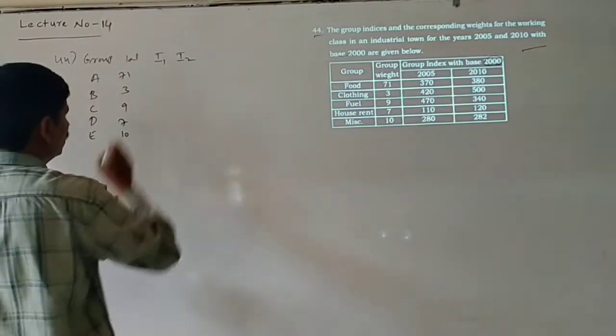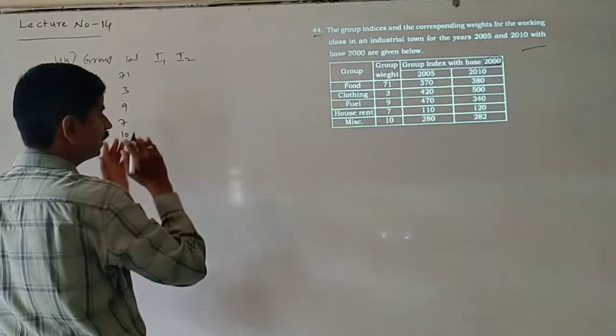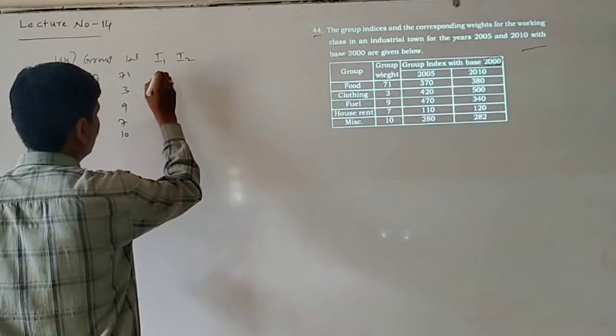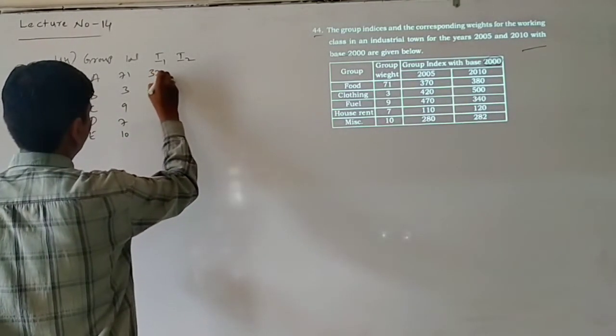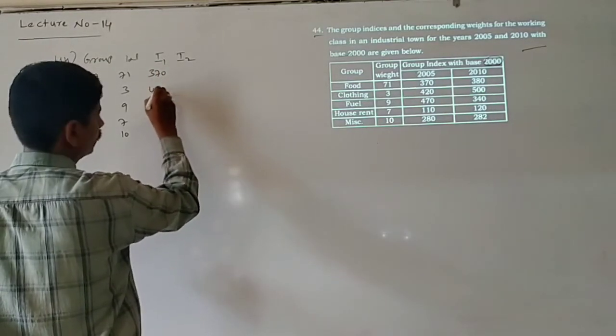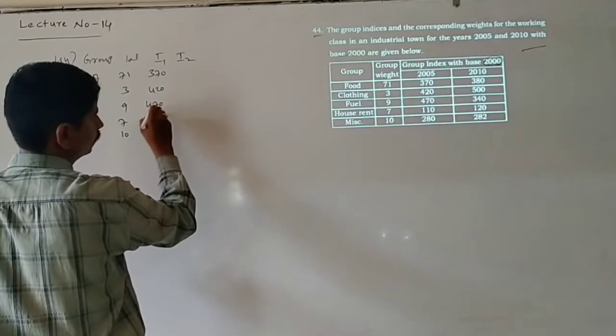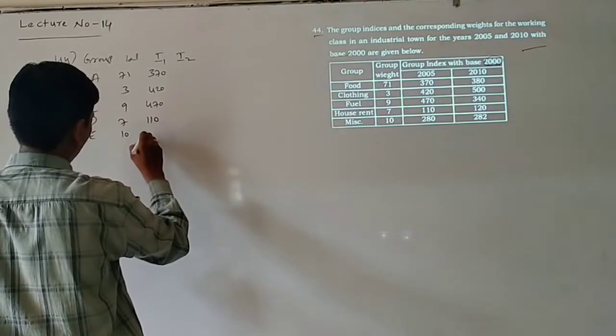Group index is denoted by I, for the two current years, I1 and I2: 370, 420, 470, 110 and 280.